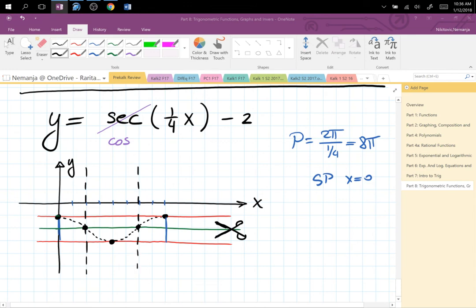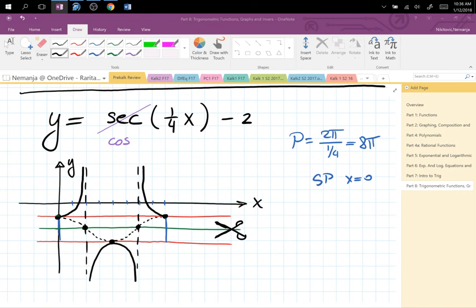So now, when you invert this one, it looks like this. You invert this one, goes like that. You invert this one, goes like that. And that is your secant graph. The solid black lines are the secant graph. The dashed line is the corresponding cosine graph, which is 1 over cosine is secant.